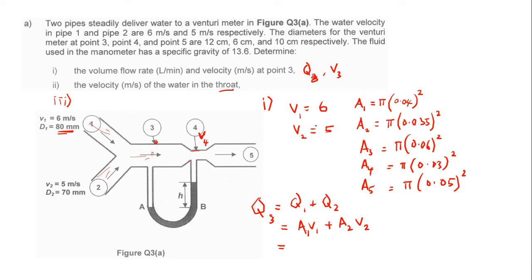Take A1 times 6, plus A2 times V2. So what's the number here? What did you get? 0.05. What unit?